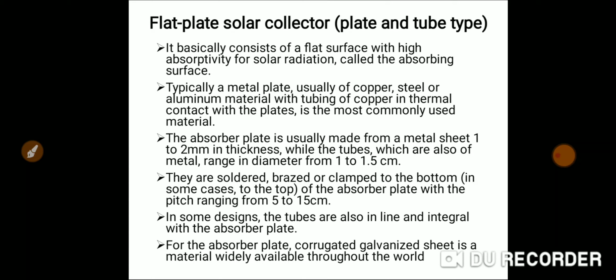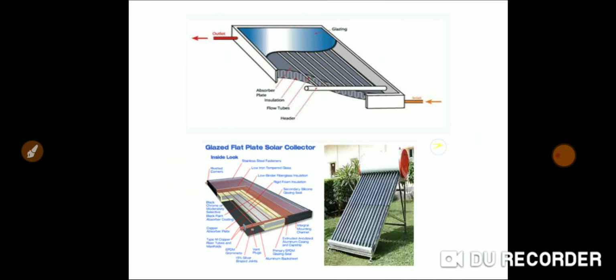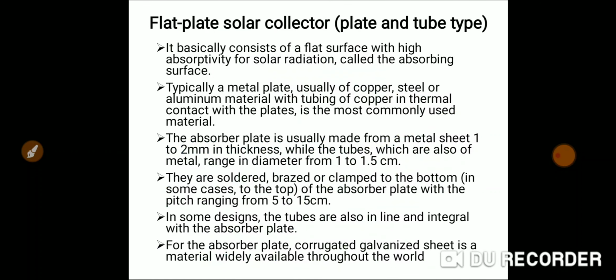So generally the flat surface has high absorptivity for solar radiation. So the metal plate of the solar plate collector is made up of steel, copper or aluminum. The thickness of the absorber plate is 1 to 2 millimeter, and the copper tubes have a diameter of 1 to 1.5 centimeter.